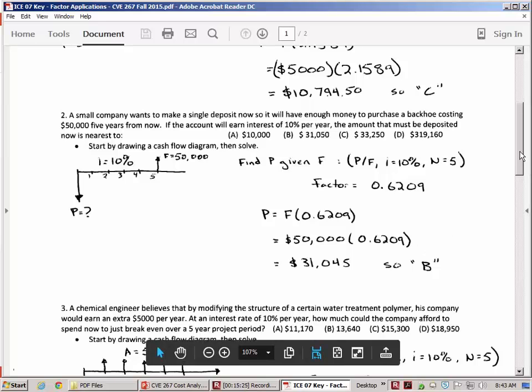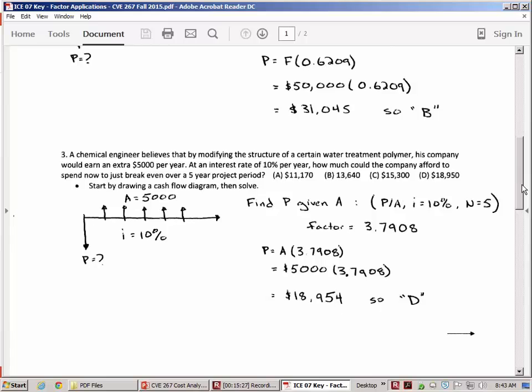Annual series is where it gets a little more tricky, right? Let me discuss the pattern of an annual series: there's nothing in year 0. So we have years 1, 2, 3, 4, and 5, and the same amount for all of those years, but there's no inflow in year 0, and we want to find the present amount of it.